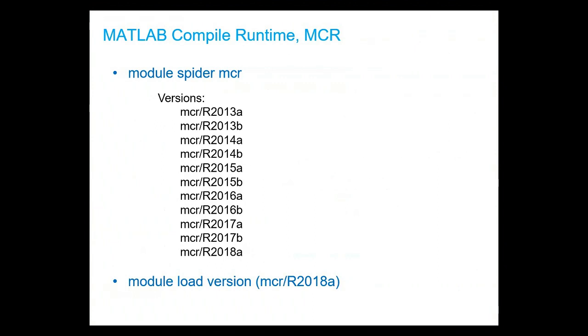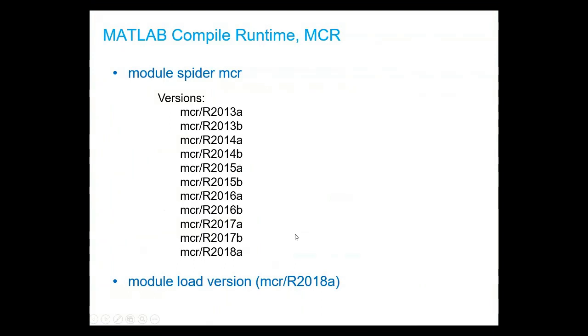If you type module spider, you will find tons of them. We have many of them, but maybe you just use one. For example, if you use MATLAB 2018A, you will load the module MCR20.